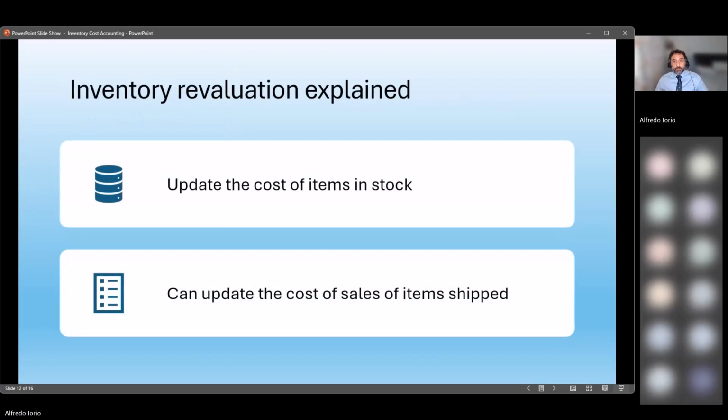So the next part then of inventory costing, now that we have learned about capturing these costs, creating these costs, and managing costs through overhead applied, landed costs, and purchase prices, we can talk about revaluation explained. So revaluation. Item revaluations update the cost of the item in stock.